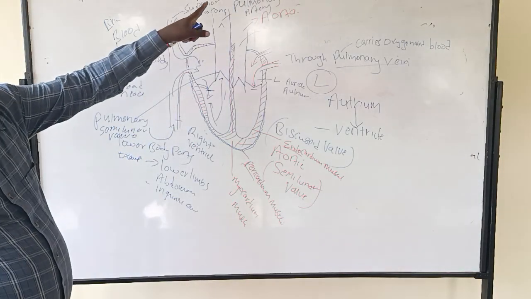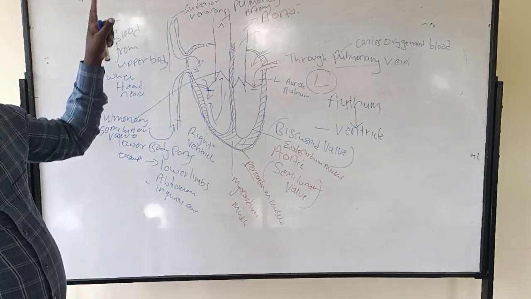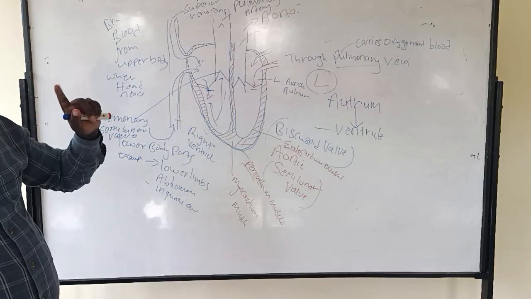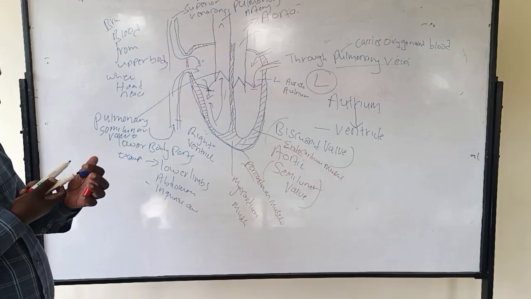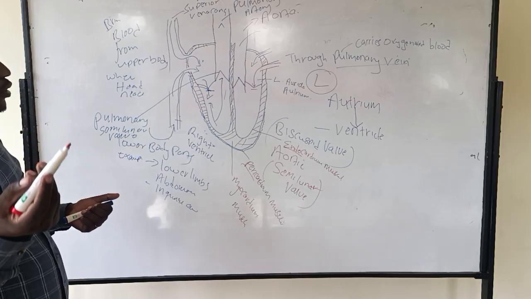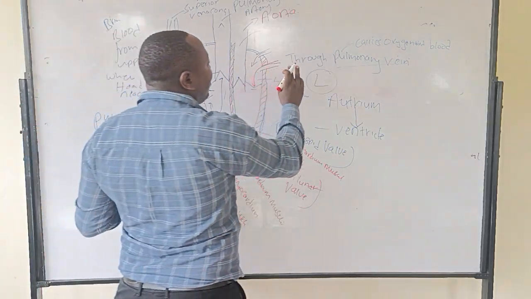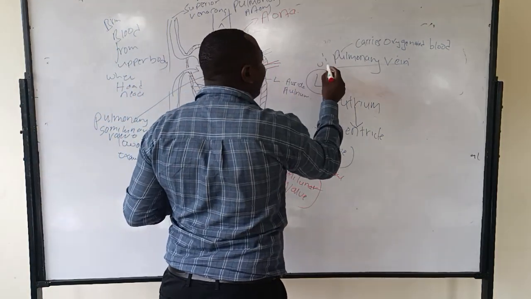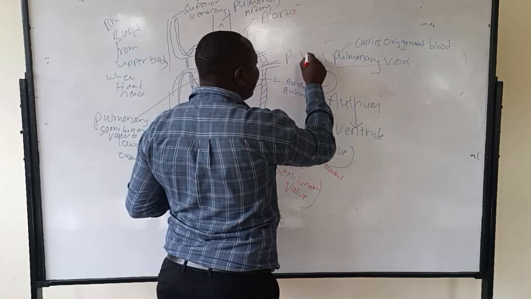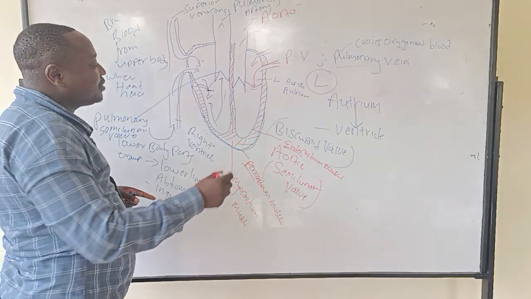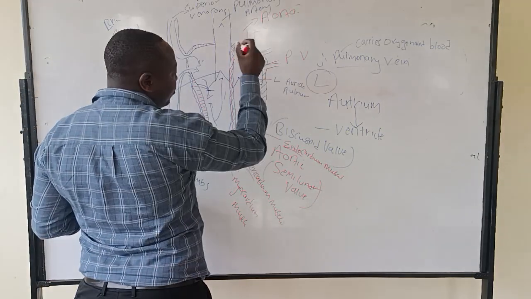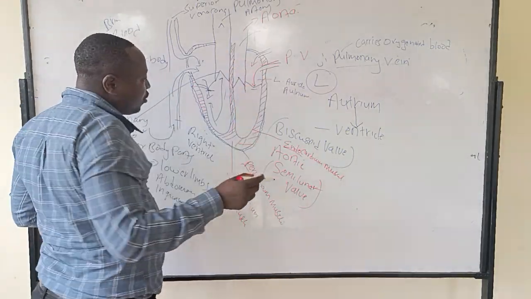Once the blood flows to the pulmonary artery, it will be forced to the right and the left lung for oxygenation. Once the blood becomes oxygenated, it comes back to the heart through the pulmonary vein.